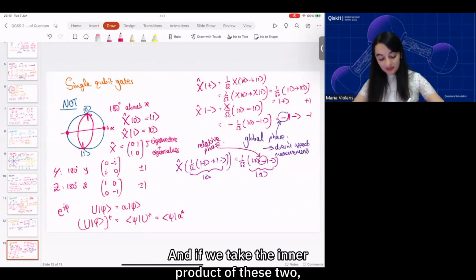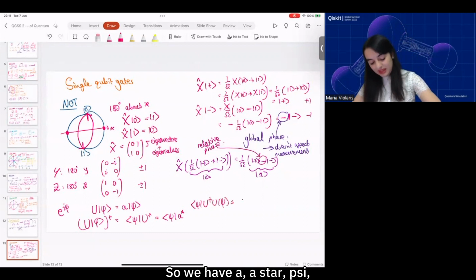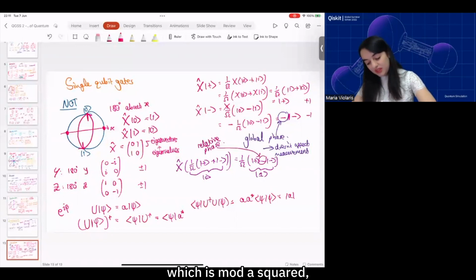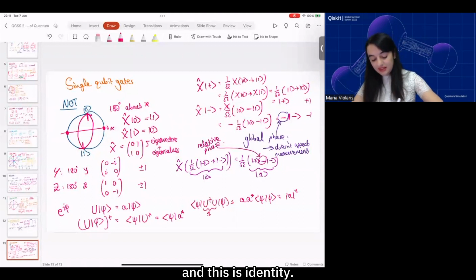If we take the inner product of these two, we have this equation: a star a psi psi, which is mod a squared, and this is identity.